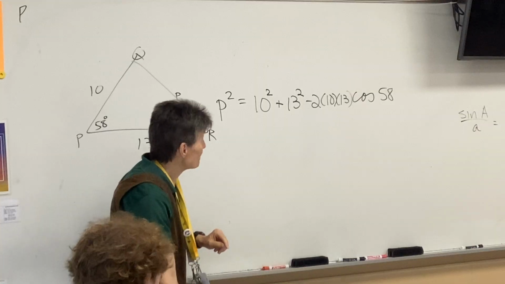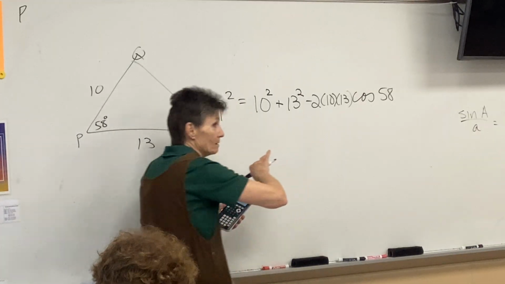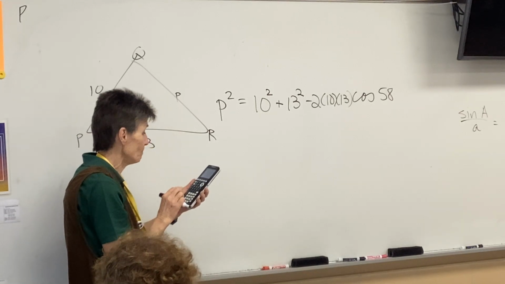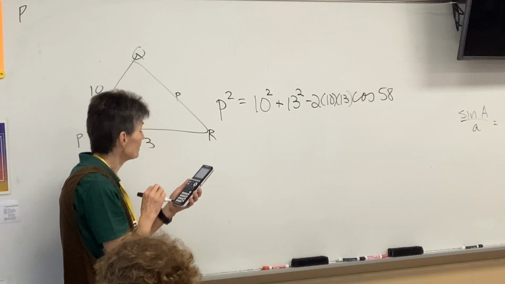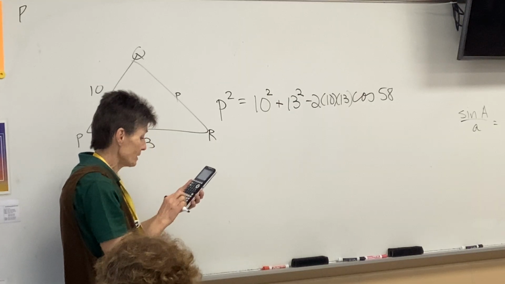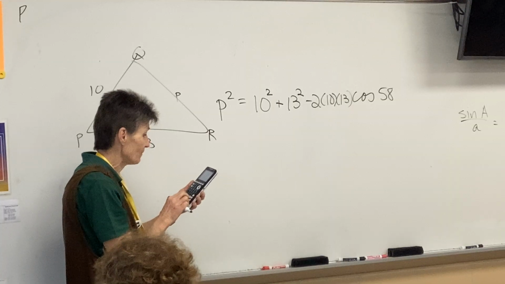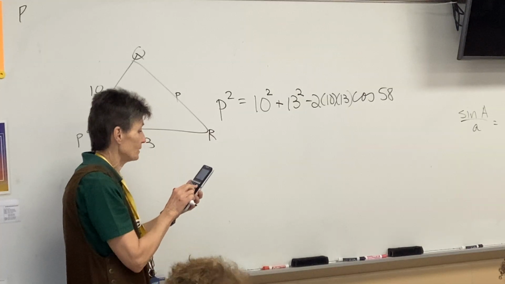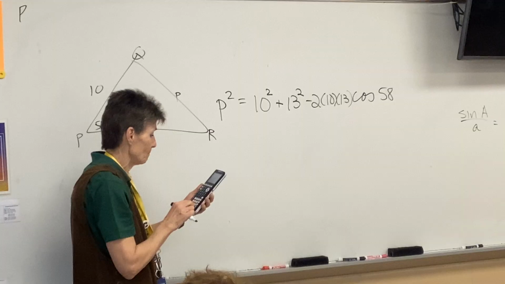Now, I'm going to type that in on my calculator. So 10 squared, using my squared button, plus 13 squared, minus 2 times 10 times 13 times cosine 58.